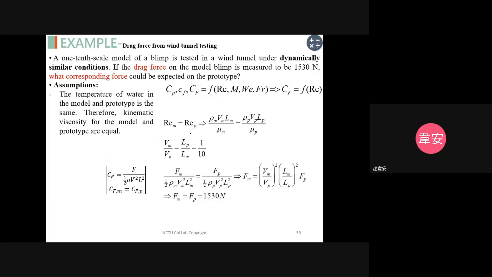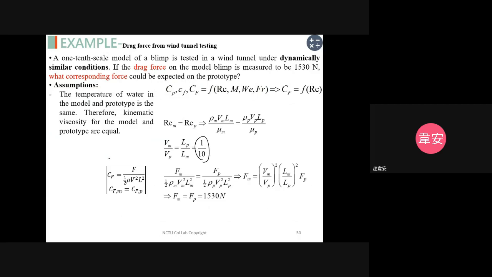Again, we make the Reynolds number balance, and we know they should be equal. We have the velocity ratio equal to the diameter ratio, here 10 over 1.